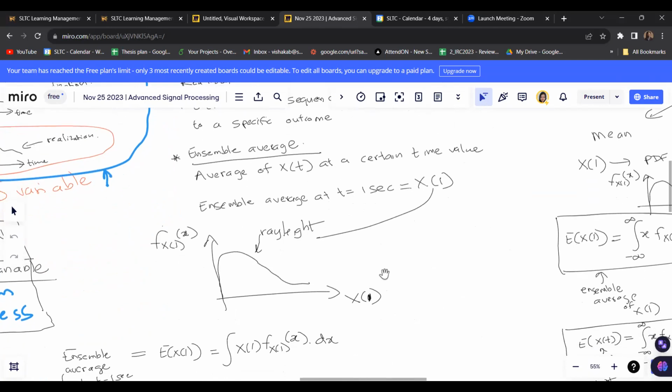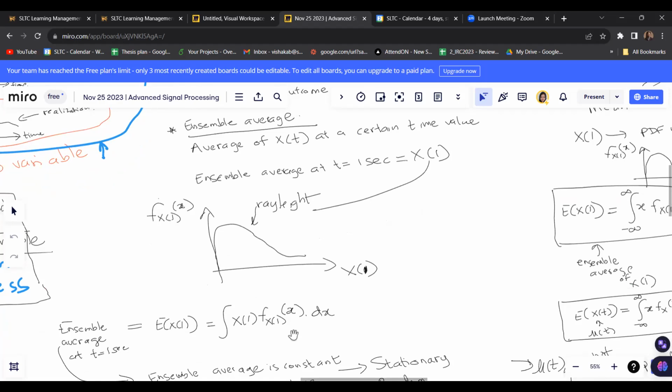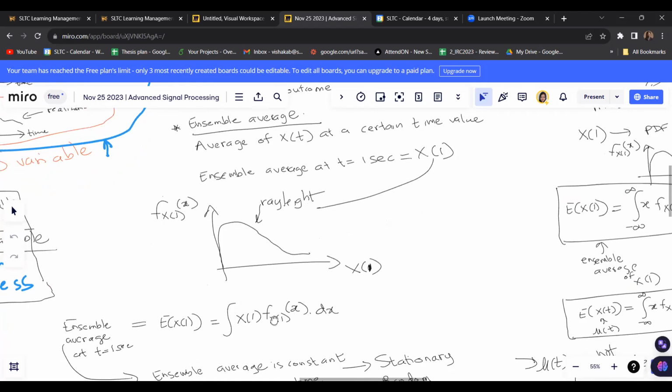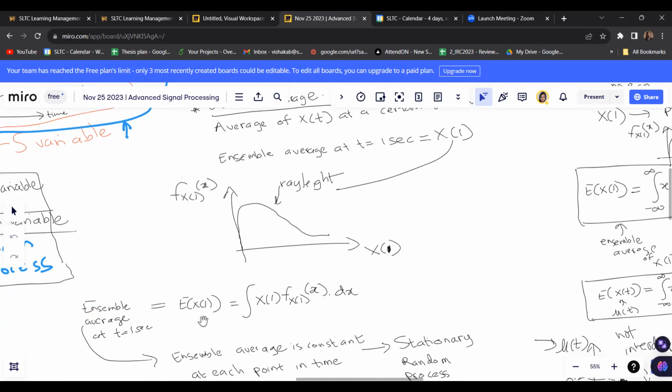We can obtain its probability density function, and then use that probability density function and the random variable to find its average value. The average value we can compute using this integration, right? So we take the product between the random variable and its own probability density function.